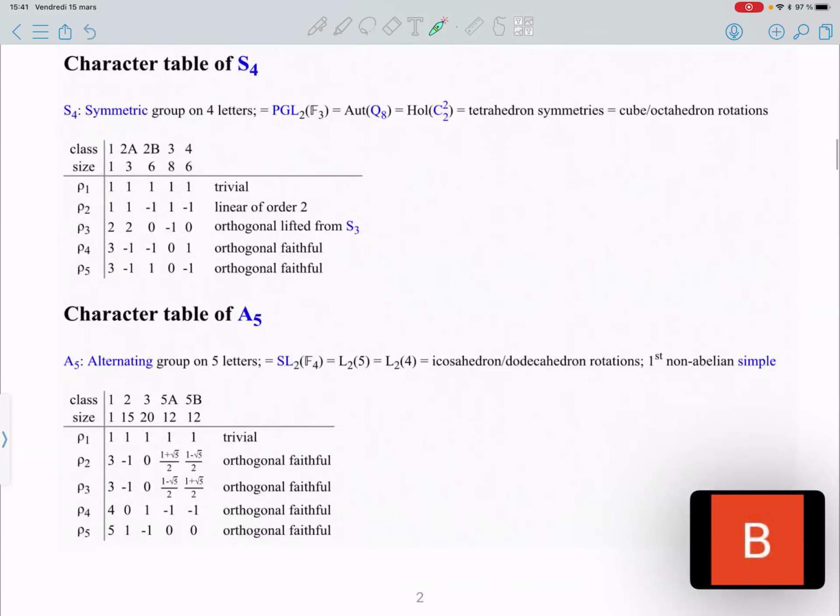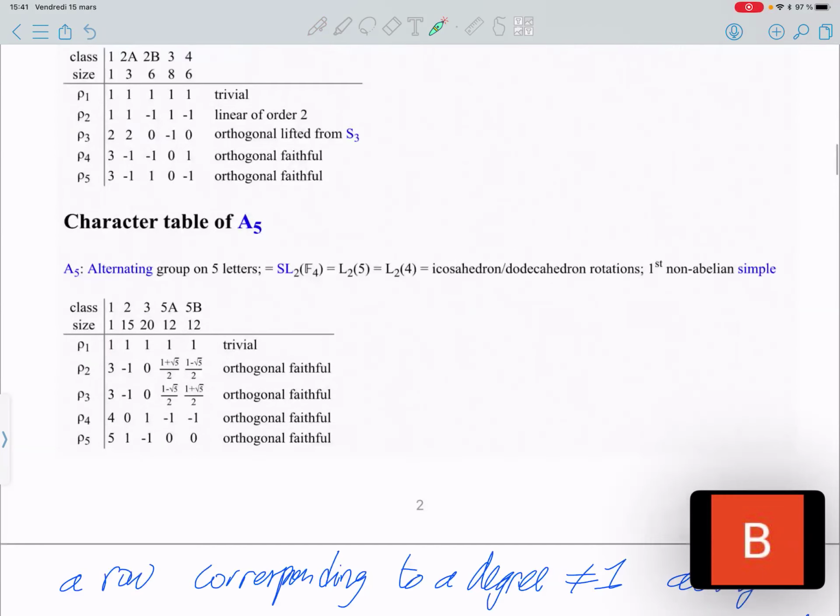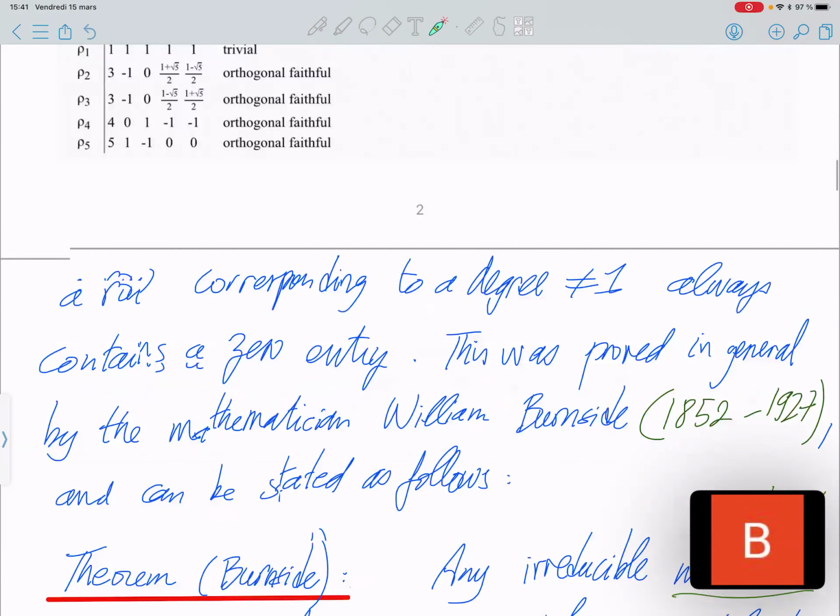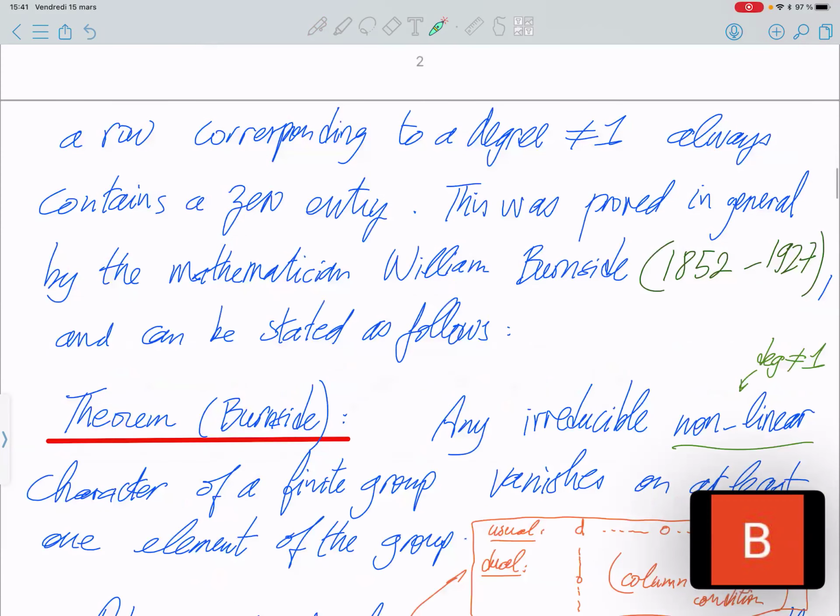And in fact, the decomposition, let me check. So is it the first column or the first row? I'm confused. Yeah.